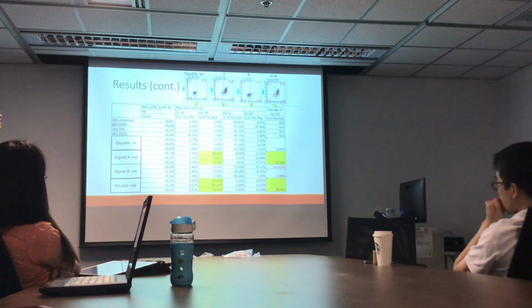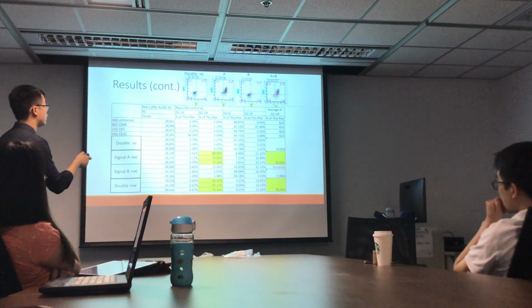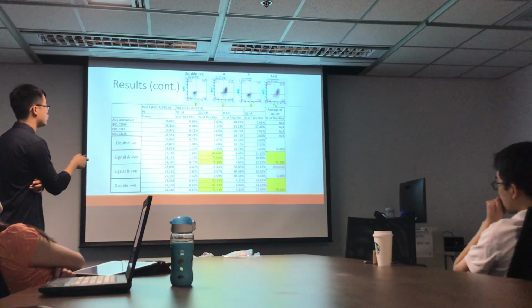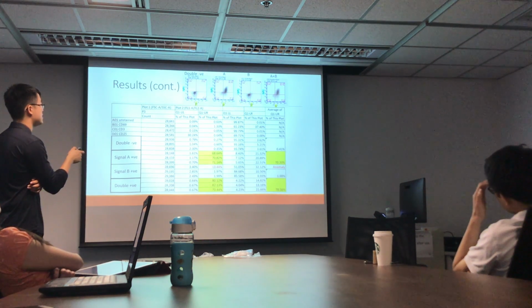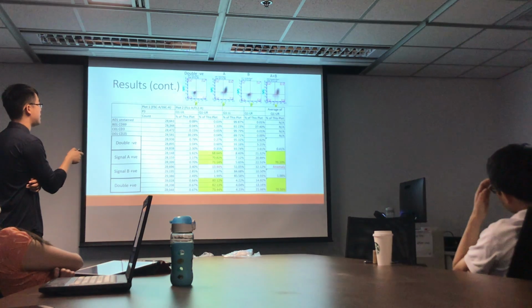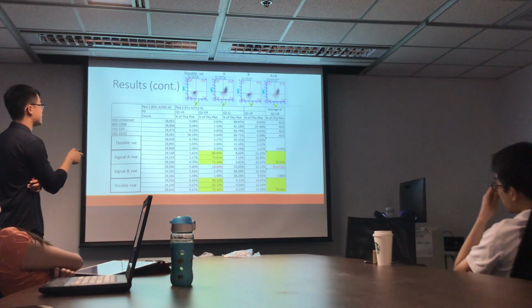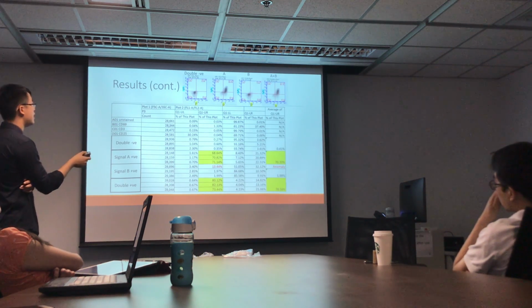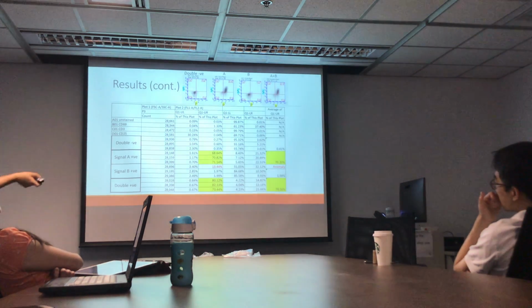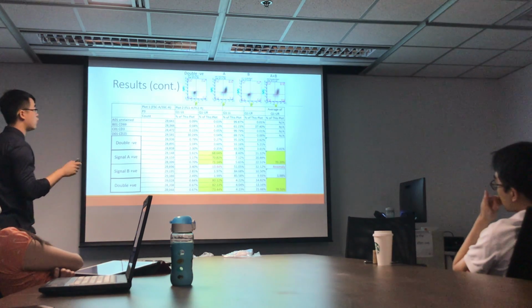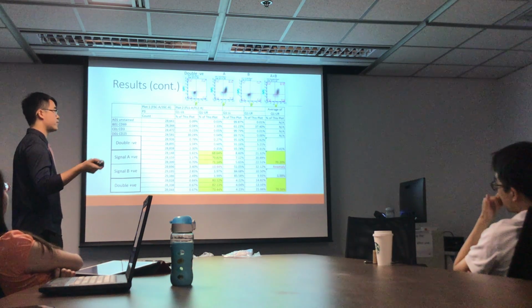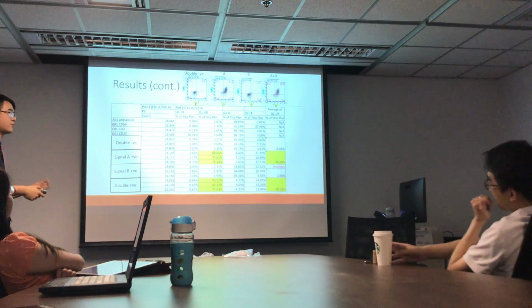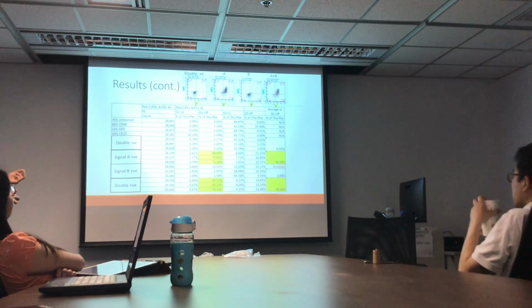Here are our results presented in table format. The main focus here is the UR region, the upper right region, which is the region above the baseline set by the negative control. If there are more cells in the UR region, that tells us there are more cells activated in the sample.